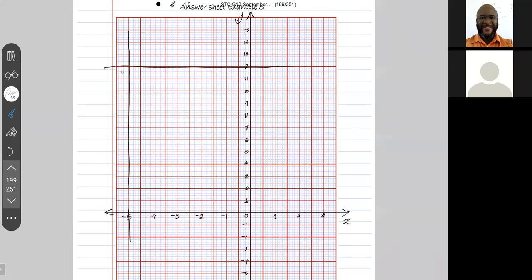The two lines meet here. That would be the point -5, 12. Obviously, we're not going to draw these lines when we're plotting a point. Just identify it. The point is here, and you circle it.